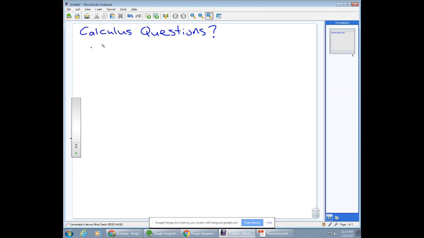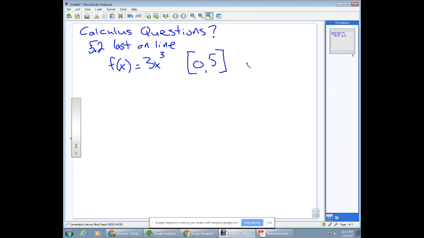So this is the last problem in the homework in section 5.2 online. My version gave me f of x equals 3x cubed on the interval from 0 to 5. And I'm supposed to use right endpoints with n subintervals.